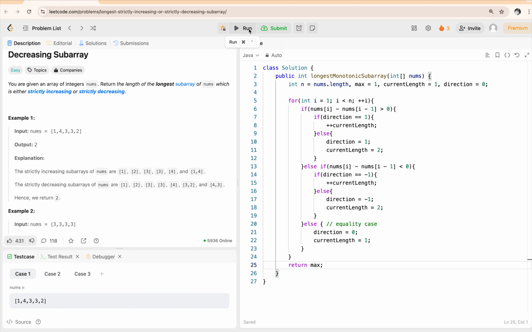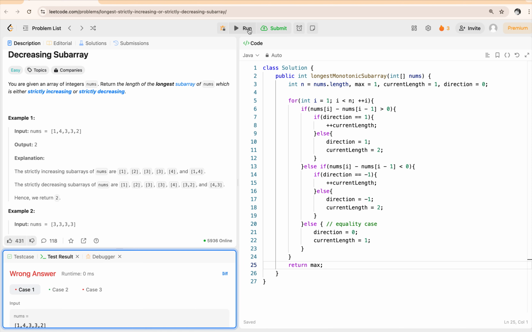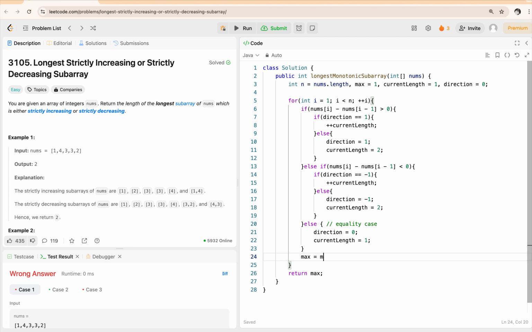Okay, and we'll run this. Some mistake is there, so we have to update our max.